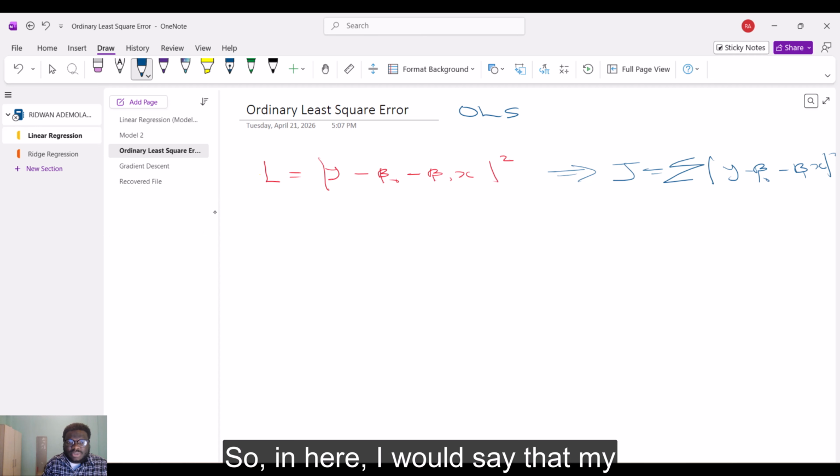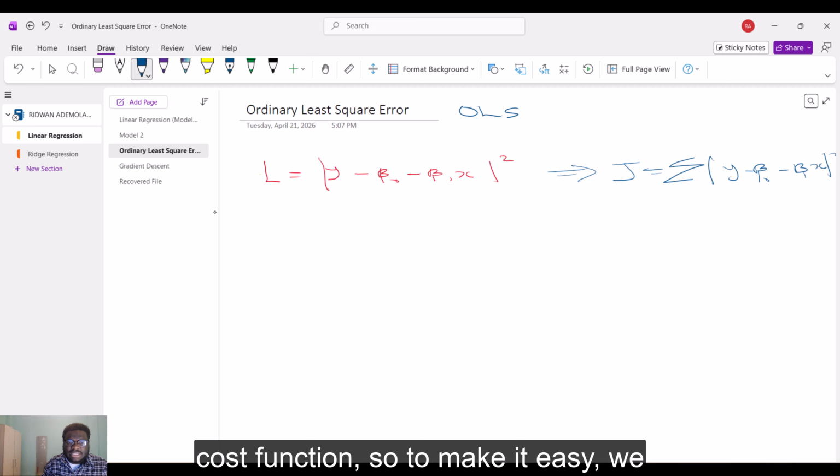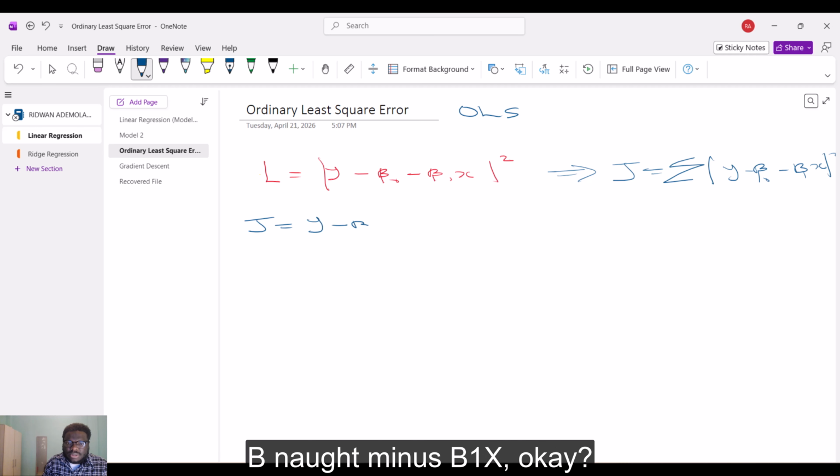So to make it easy, we usually say that J equals y minus b naught minus b1 x.